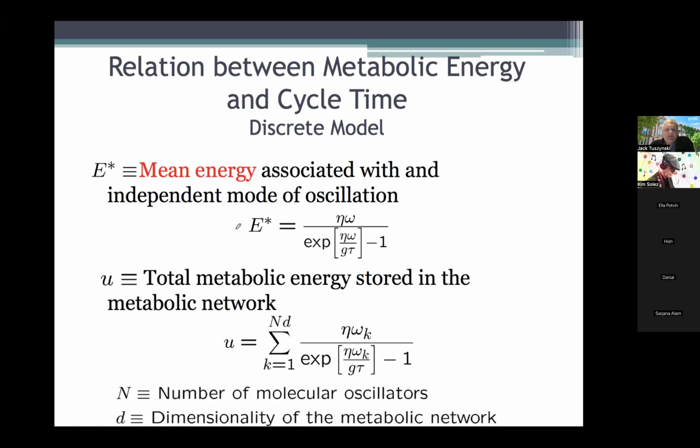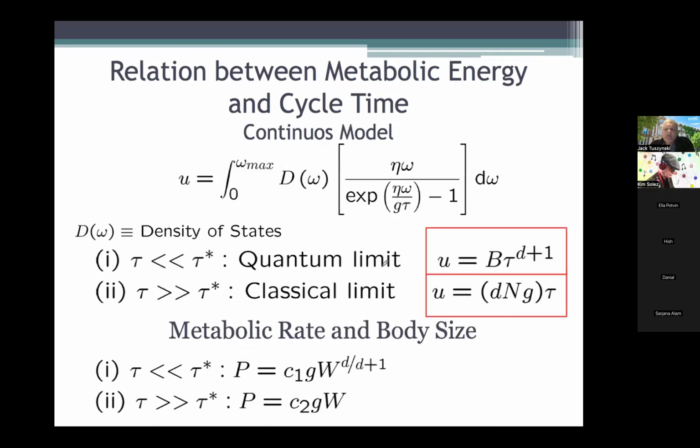This is how you calculate the Bose-Einstein model of average energy calculations for quantum oscillations. And for the metabolic network, you use this like so, and overall the oscillators, and you go into the space of waves, and there's a little bit of algebra which you don't need to pay too much attention to, but it's a very rigorous calculation.